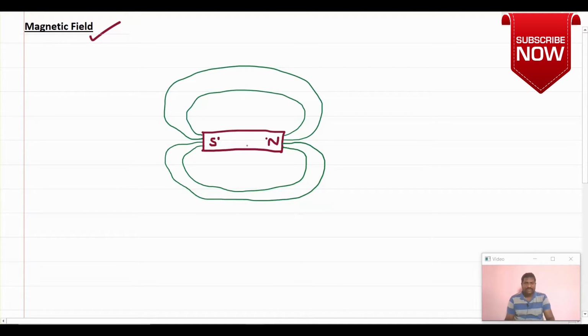To know the directions of these magnetic lines, we use a compass. Initially we take a white paper and place the compass on the paper. It will point in the north and south direction. So put dots at north and south and remove that compass, and we place the magnet at those north and south points.